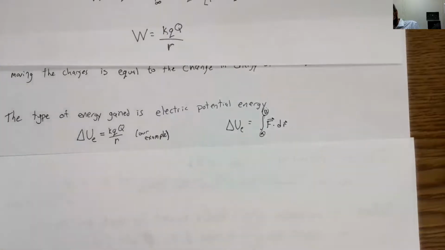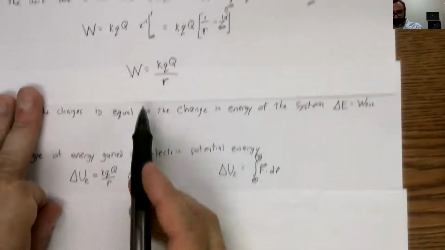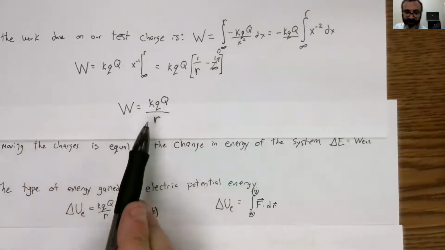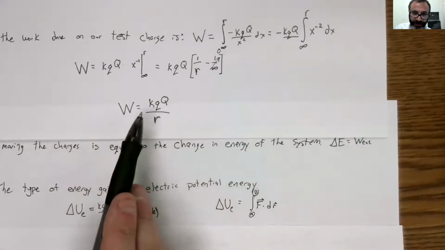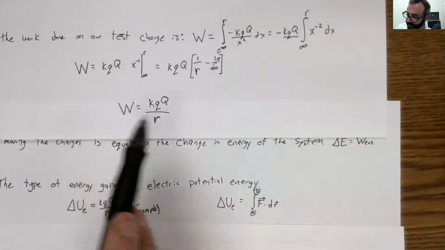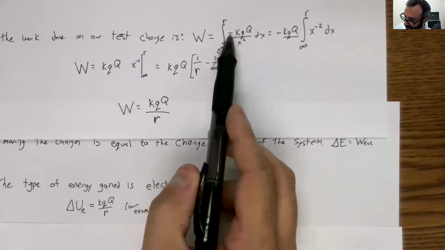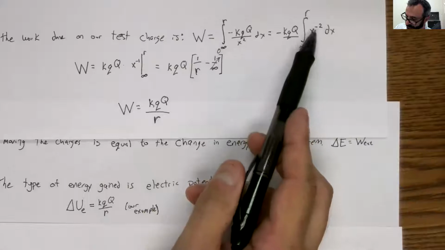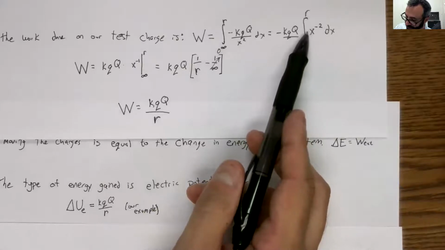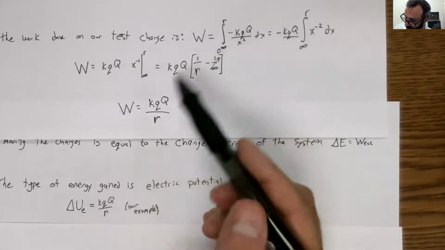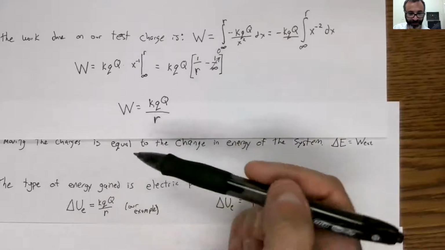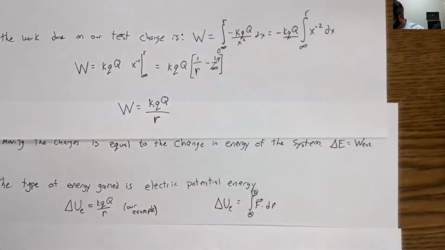Shouldn't it be negative? We had this, the work done was positive, right? Because we had a negative force, but then the antiderivative of x to the -2 gave us a minus sign, so that we ended up with a positive value here for work. We gained potential energy.